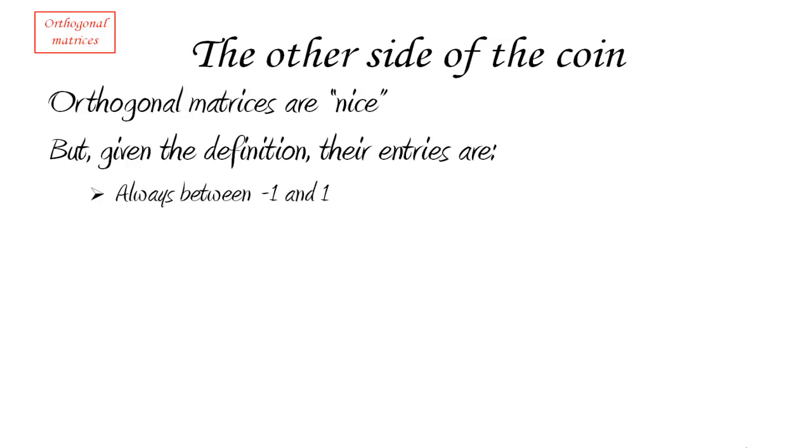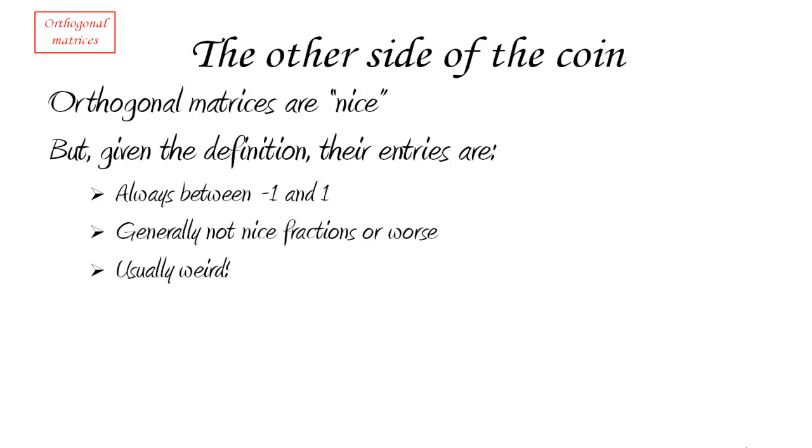Remember, their length is 1. That means that the sum of their squares has to be equal to 1, which means that each one of those has to be between -1 and 1. It can't be any bigger than that. The other thing is that generally the elements are not going to be nice fractions, but they're going to probably involve some radicals or some strange things, or maybe even worse situations. So the individual entries are going to look pretty ugly.